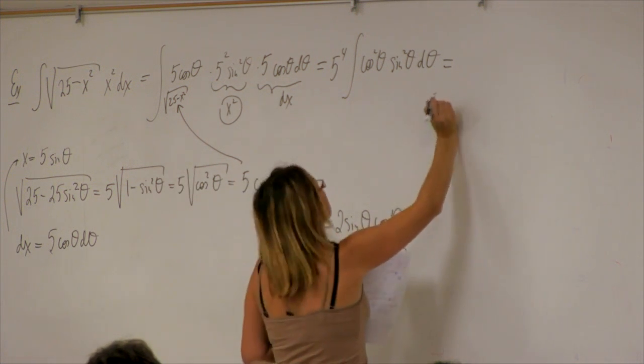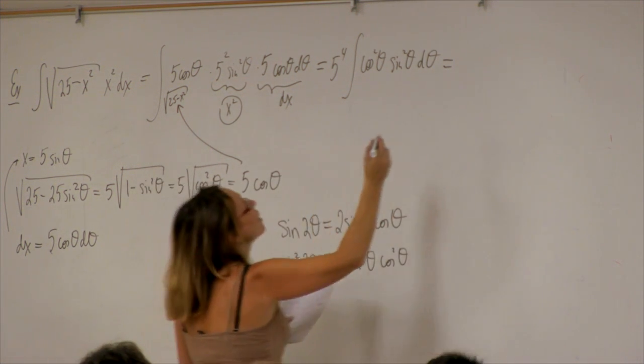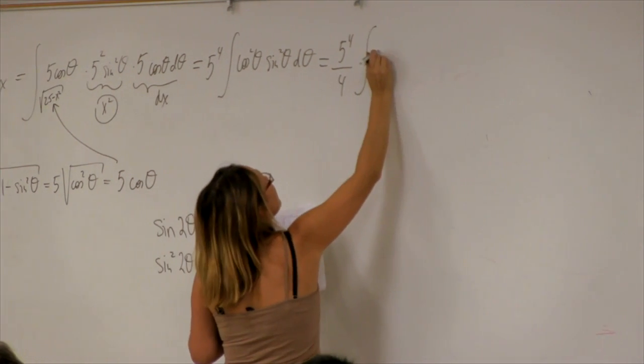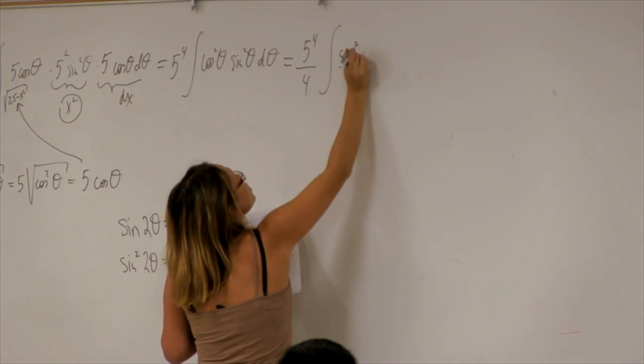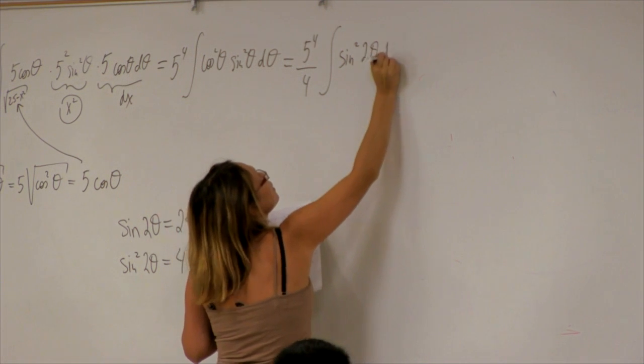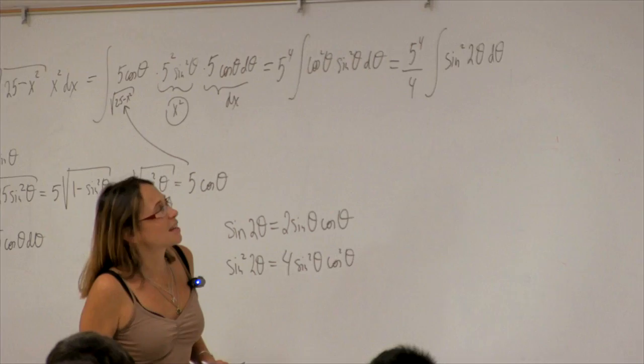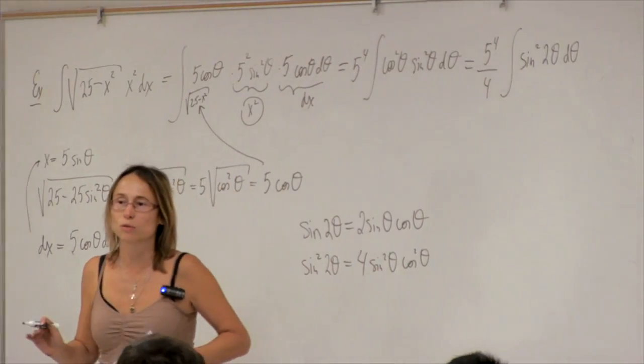So I'm going to use this divided by 4. So I get 5 to the 4 over 4. And I have sine squared 2 theta d theta. So I reduced this to sine squared, which is not the end of the story yet.